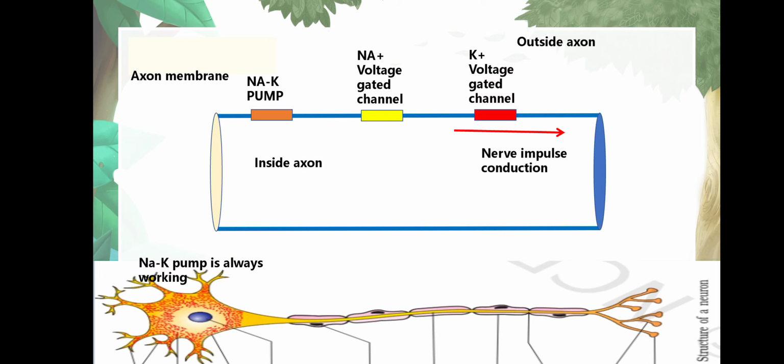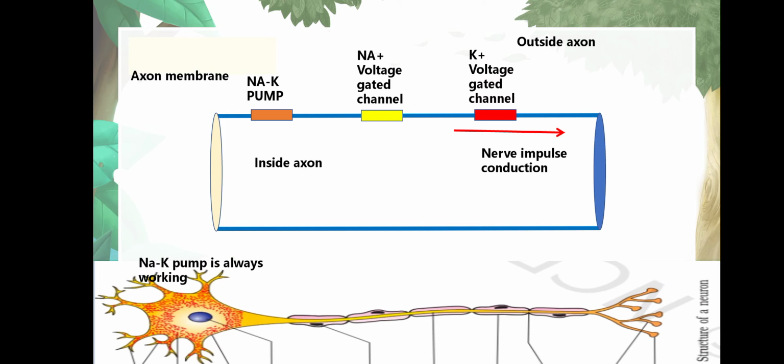In the axon membrane, there are three components: the sodium potassium pump, the sodium voltage gated channel, and the potassium voltage gated channel. One pump and two voltage gated channels are there, and the nerve impulse is conducted toward the tail portion of the axon.